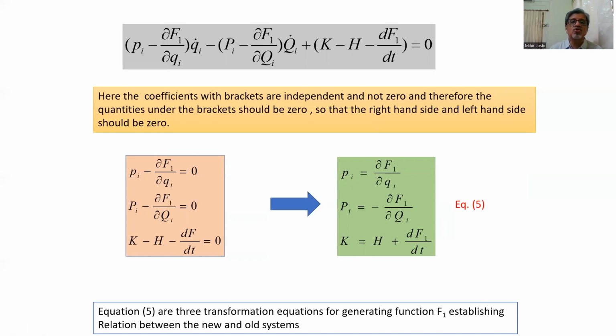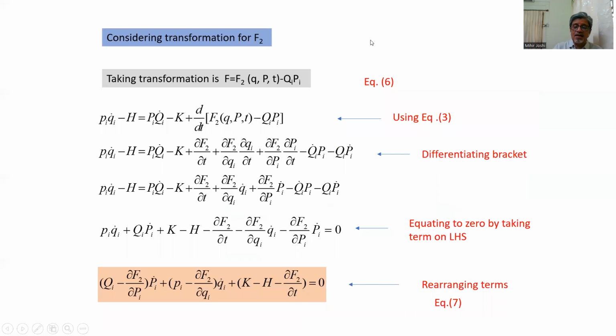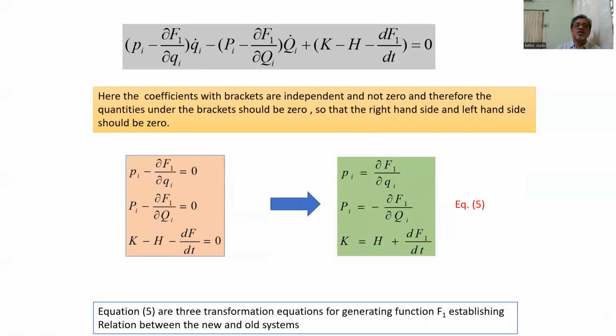So left hand side should become 0. And we have assumed that the coefficients, meaning q dot i and capital Q dot i, are not 0. So only the quantities in the bracket should become 0, so that right hand side and left hand side are equal to 0. So we have to assume that the quantities in the bracket are equal to 0.